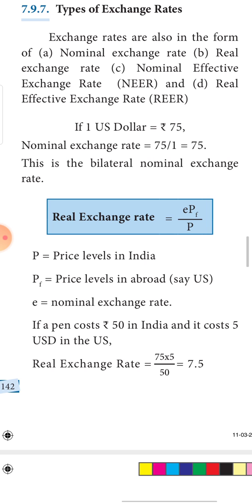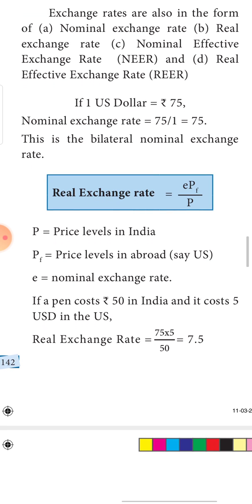For example, if we assume that 1 US dollar is equal to 75 rupees, which means I need to pay 75 rupees to get 1 USD. Now if I go with nominal exchange rate, the formula will be USD divided by rupee. That is 75 divided by 1. So this will be the bilateral nominal exchange rate.